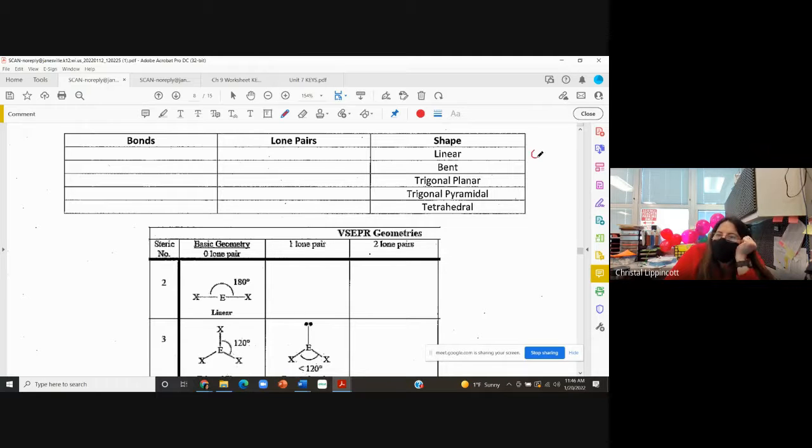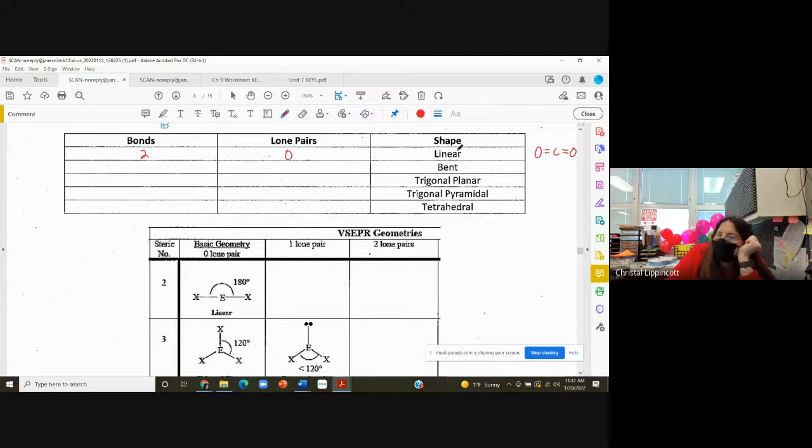And when we look at these, we are looking at the central atom to see how many things are attached to the central atom. So the central atom here is carbon. When we have this guy, we have two atoms bonded to it, and we don't have any lone pairs of electrons on the carbon.